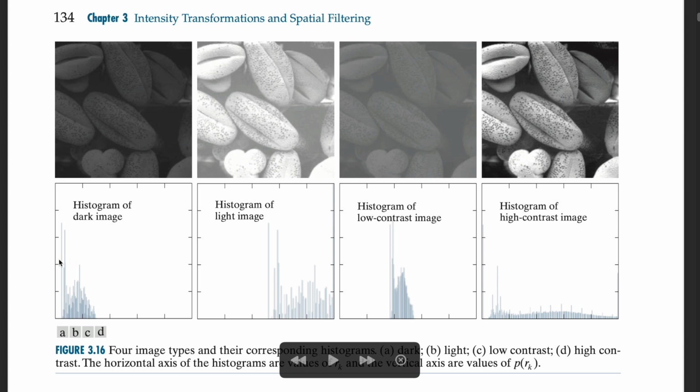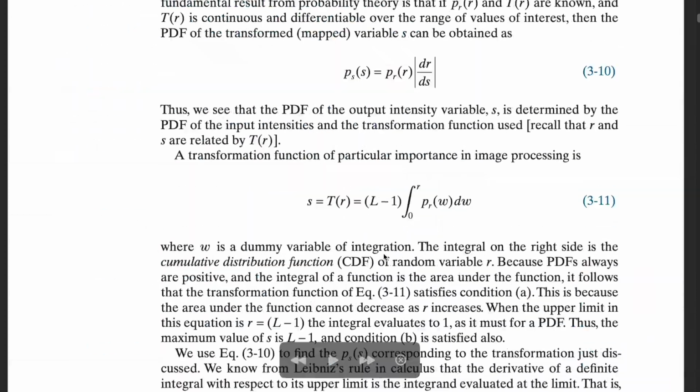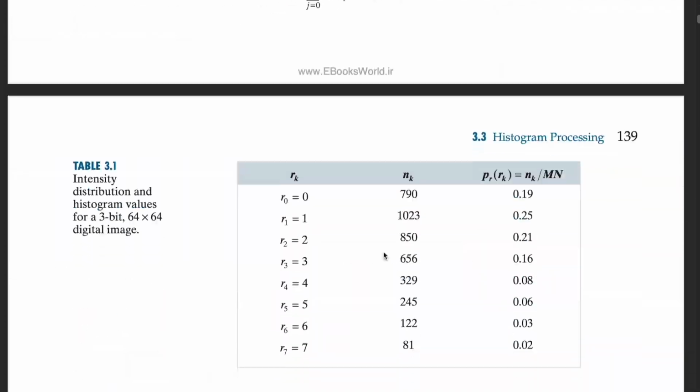We can expect the histograms to appear much more spread out. But how would it change the original images? Now this will be interesting. Let us see the output.